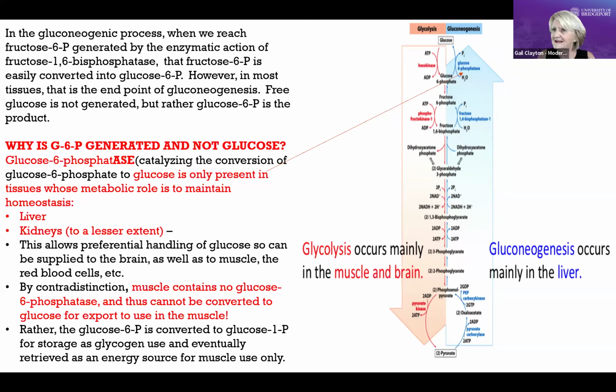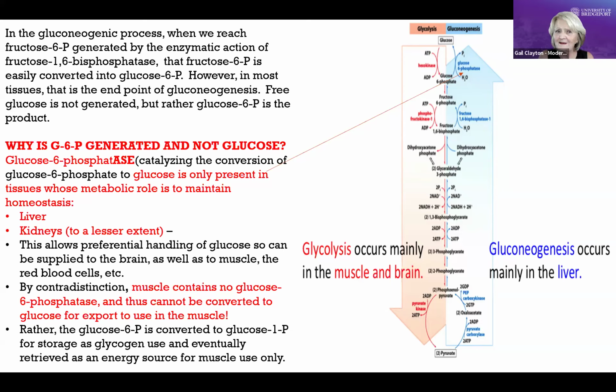If you had that enzyme in the muscle, that muscle would be converting your G6P into glucose so you could keep playing. But what's going to happen to the brain? All of a sudden, your brain is devoid of energy because all this muscle is taking up all this glucose for energy, and so you might just fall down dead. So this enzyme allows the liver to be called the metabolic hub. Okay.